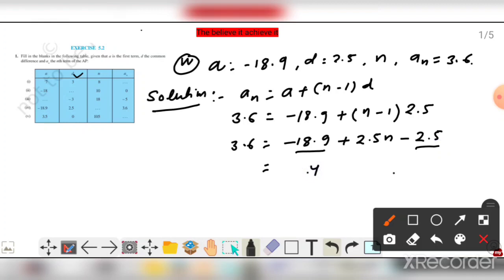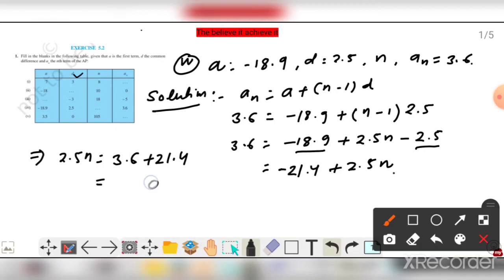So minus 21.4 plus 2.5n. So we can write here 2.5n equals 3.6 plus 21.4 equals 25.0.